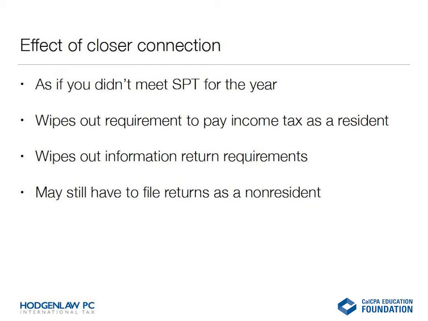And it wipes out your requirement to pay income tax as a resident. It also wipes out your information return requirements, so you wouldn't have to file the FBAR, the 8938, your 5471s, 8621s, all those information returns. If you're able to use the closer connection, those requirements you don't have to worry about anymore. You, of course, may still have to file returns as a non-resident if you have U.S. source income.